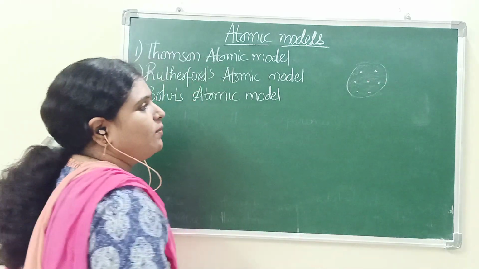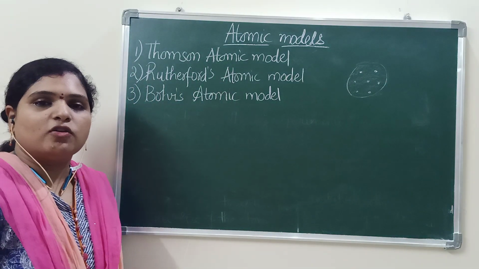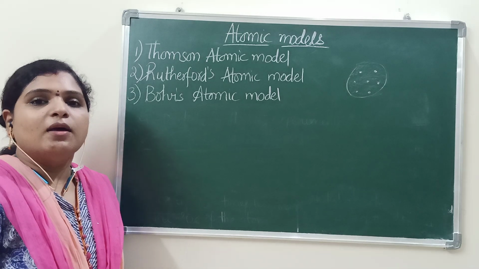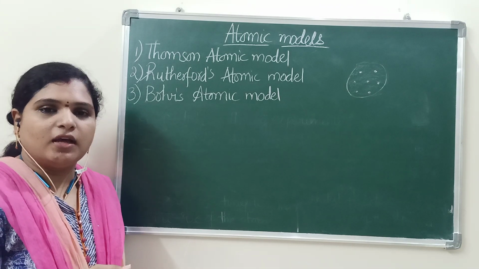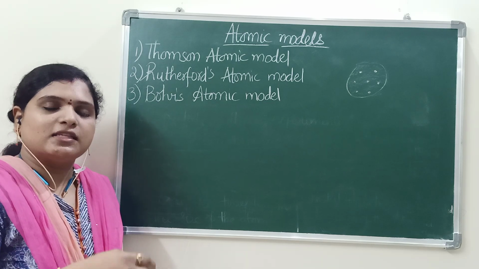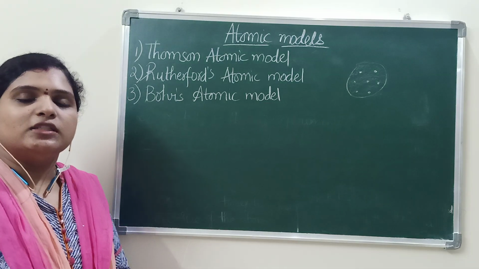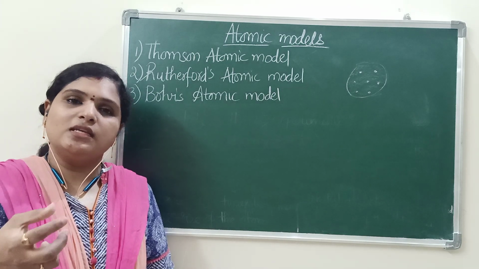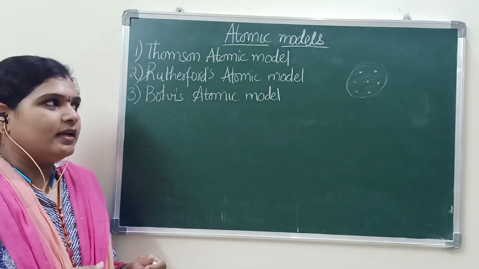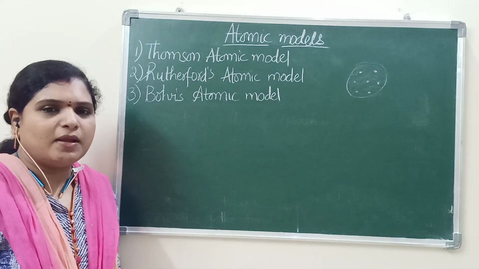The electrons will be embedded in the positively charged part, just like the seeds in a watermelon. The positive charge is the red edible part and the electrons are the seeds. This model is also called the plum pudding model.